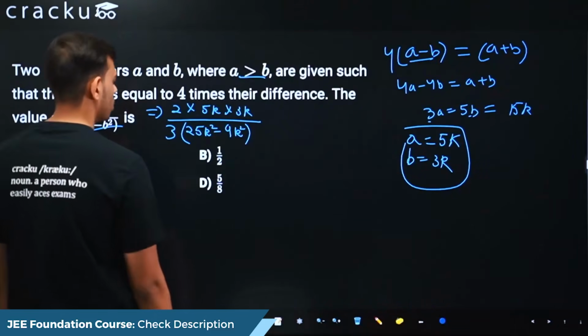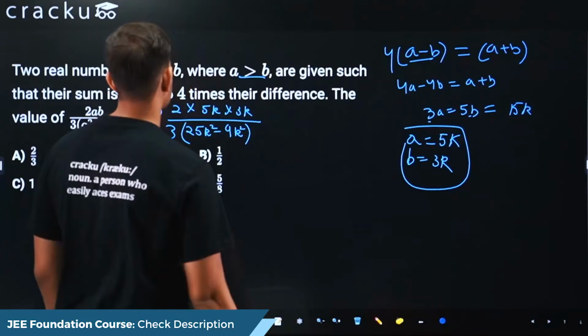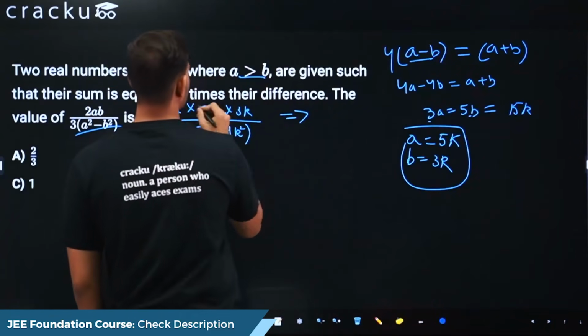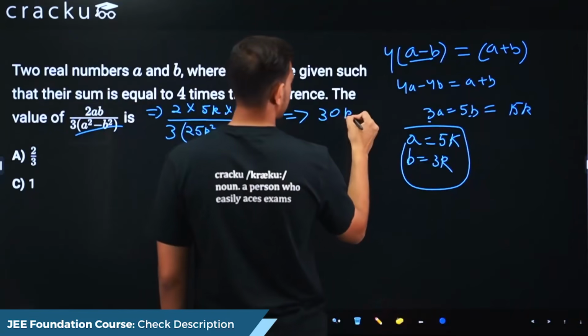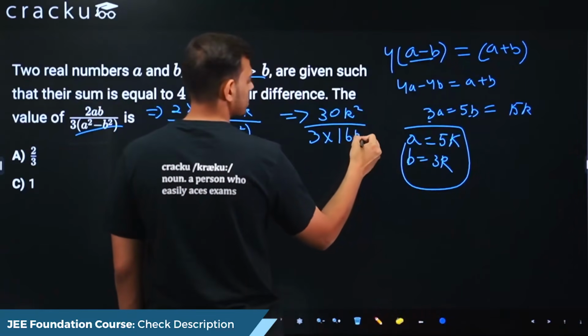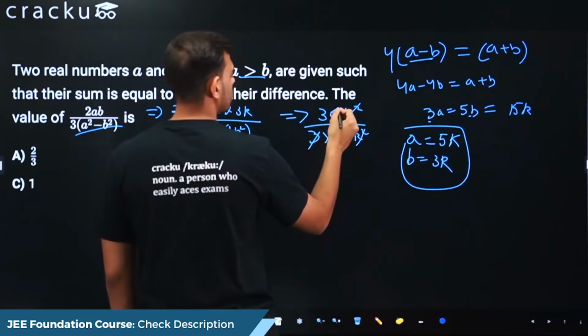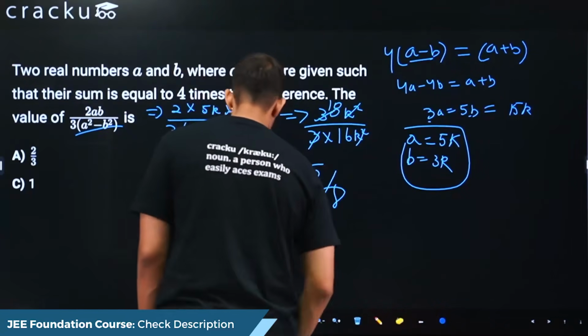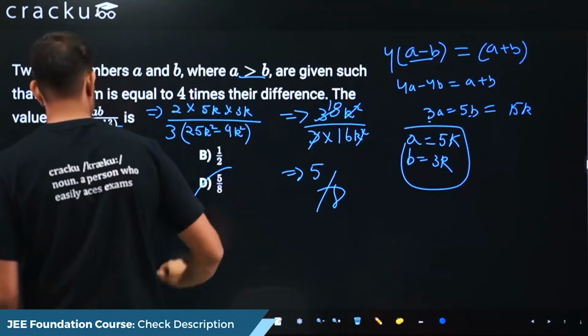So this comes out to be 15 times 2, 30k square divided by 3 multiplied by 16k square. K square gets cancelled out. 10 by 16 is 5 by 8. Correct answer will be option D.